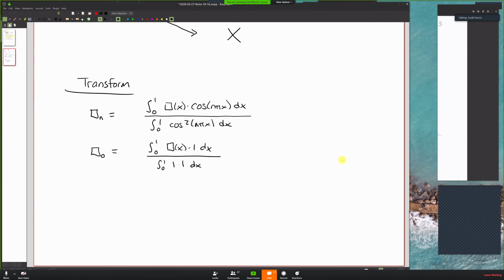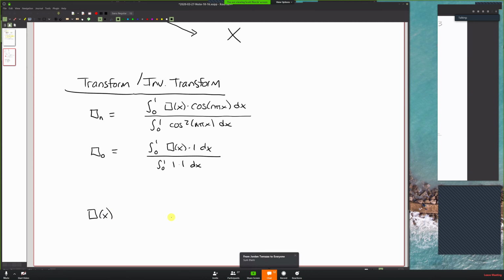The inverse transform is what? Suppose you have all these coefficients here. How do I get the original function back? Sum them, yes.